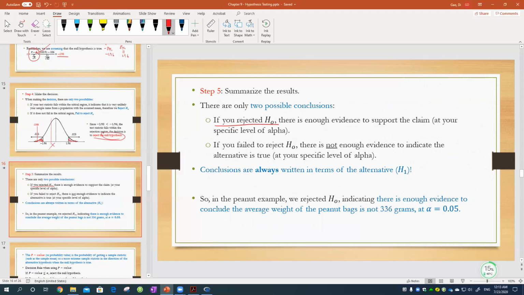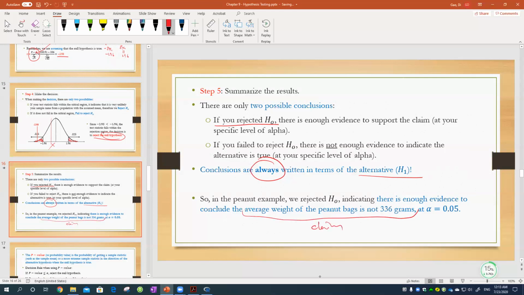So conclusions are always written in terms of the alternative one. In this example, we rejected H0. That indicates there is enough evidence to conclude the average weight of the peanut bags is not 336 grams. So this is actually the claim.